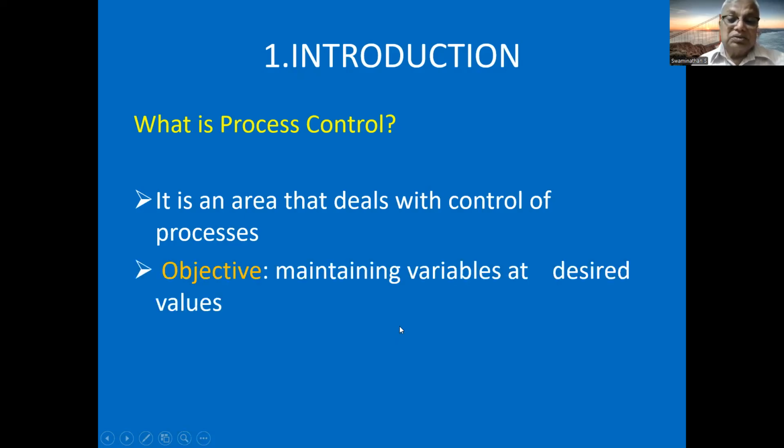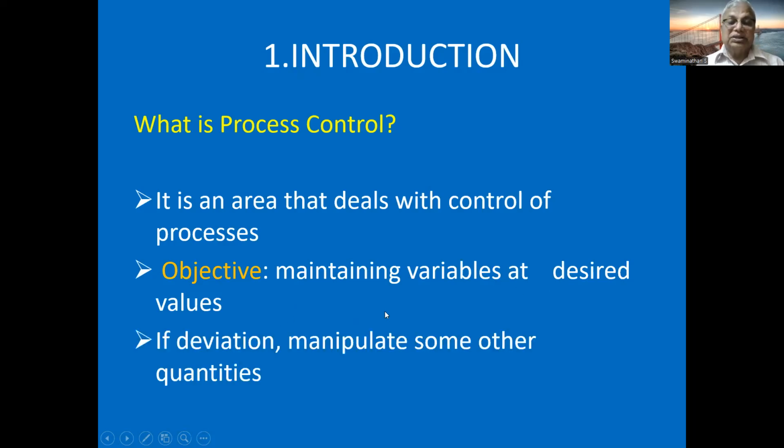And what is the objective? Maintaining the variables at desired values. So process control has an objective that some variables, maybe one variable or more variables, have to maintain their desired values.